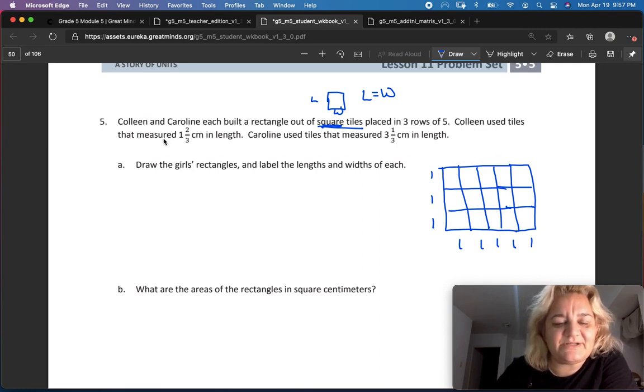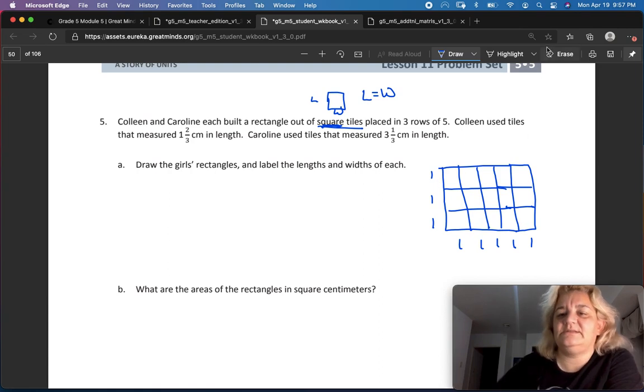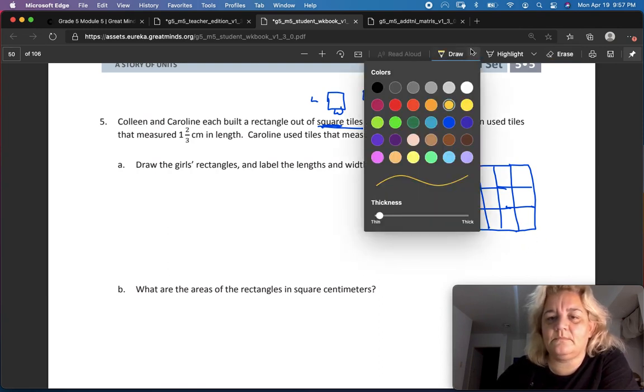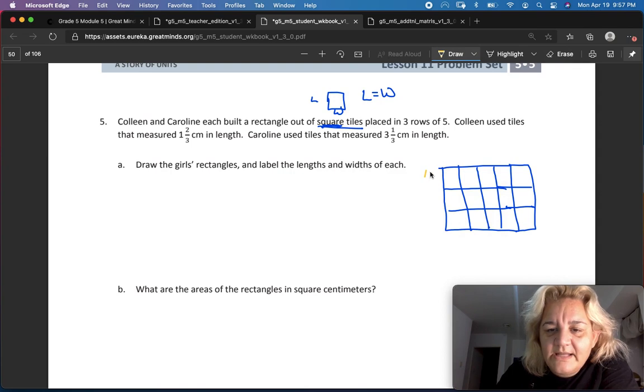Colleen used tiles that measured 1 2/3 centimeters in length. So each of these is 1 2/3. Because they're squares, remember, their length and their width are the same, so this is 1 2/3.